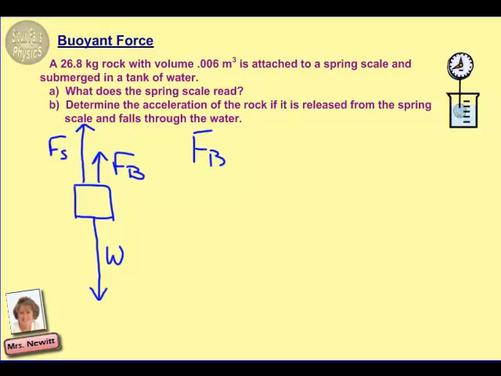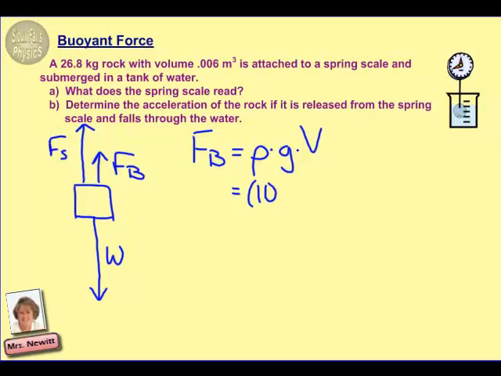Our equation for buoyant force is density times gravity times volume. And remember that in this case, the density represents the density of the water. So it's the density of the liquid that is causing the buoyant force.